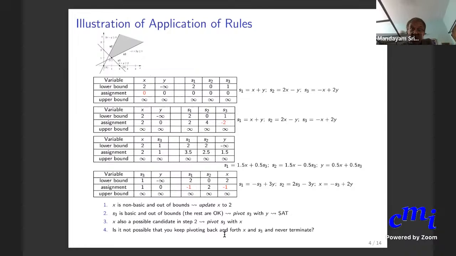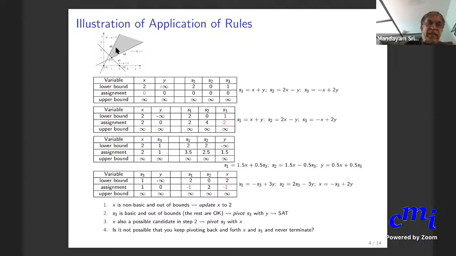Now, the question that you could be asking, which is relevant for understanding the correctness, is: after you pivot S3 with X, is it not possible to keep going? The solution point here is the intersection of the X equals 2 line with S3 or S2. In this case, we terminated with X equal to 2 with S3.